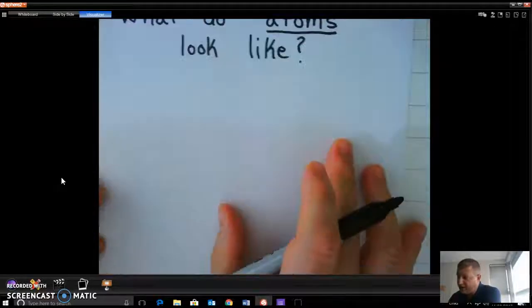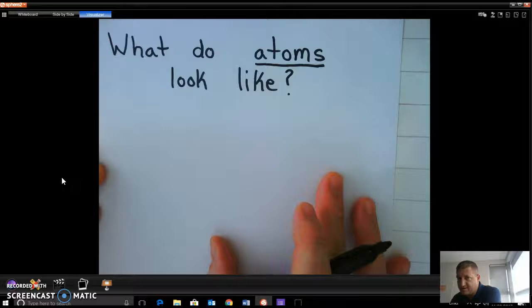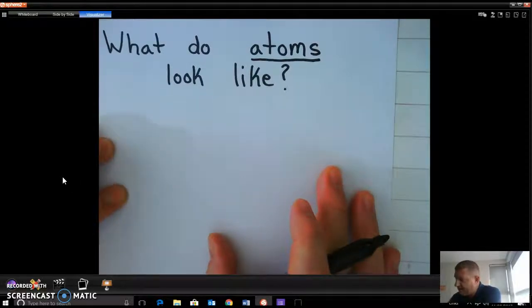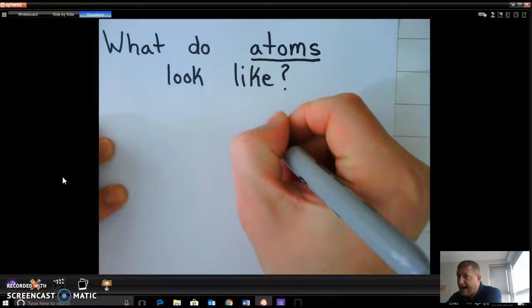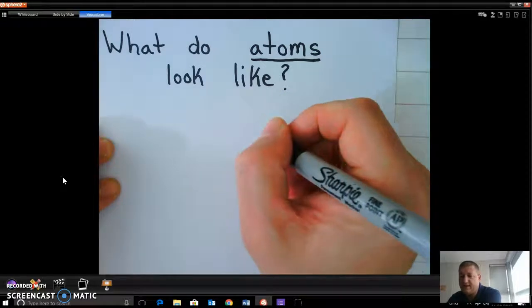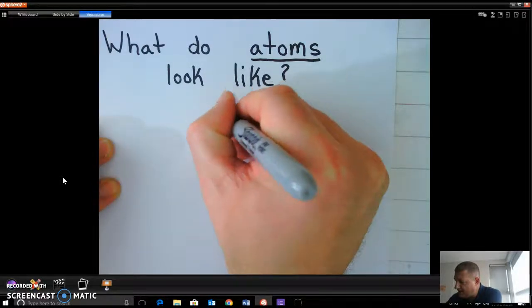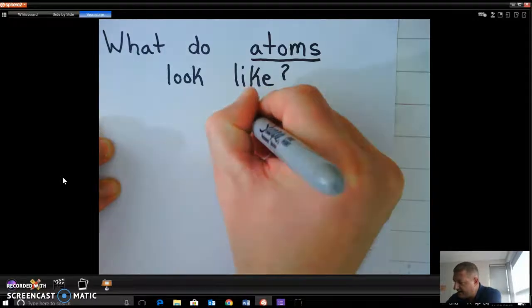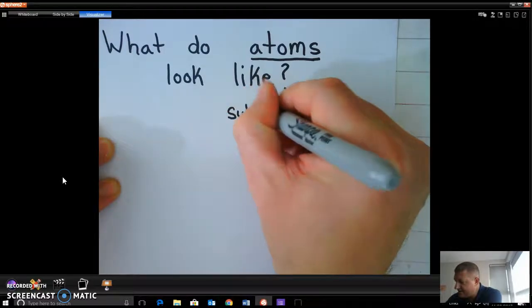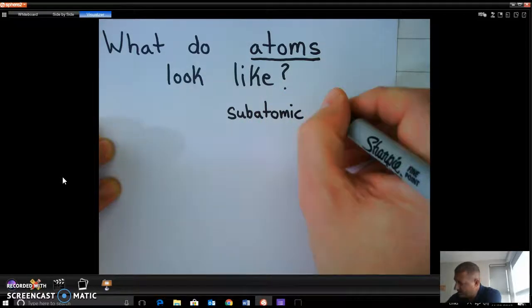But for now, what I'd like you to do is just to better understand this. I'm going to slide my paper over just a little bit so you can see everything. And these atoms are actually made up of something called subatomic particles. So I'm going to write that down because that's an important piece of information. Subatomic particles.